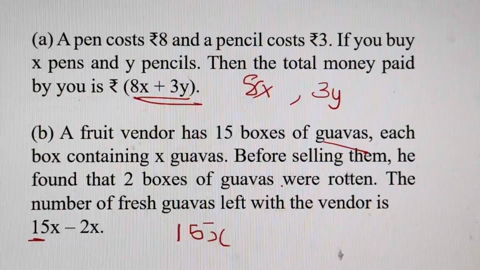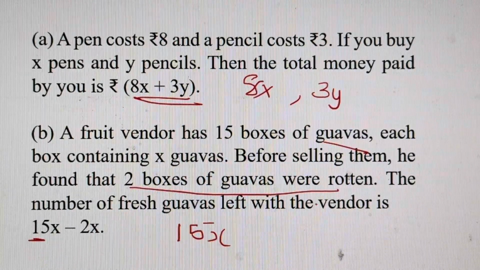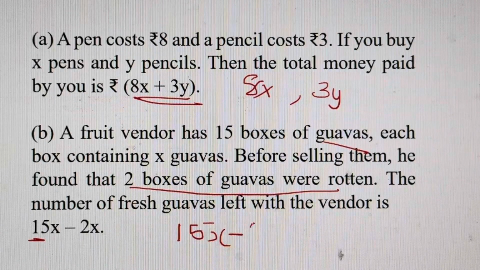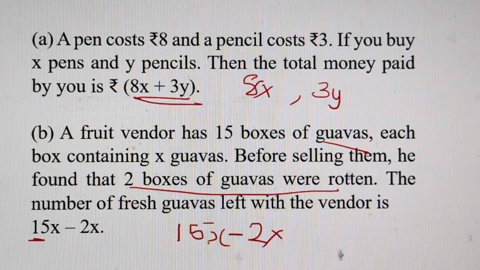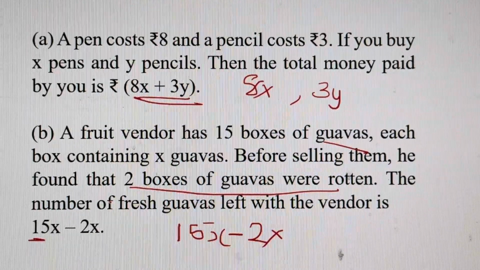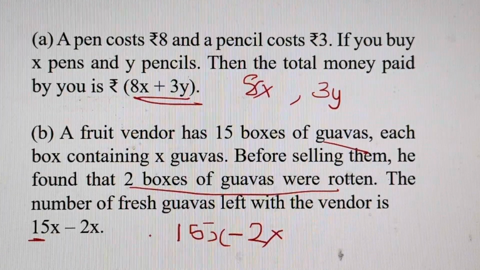Now before selling them, he found that 2 boxes of guavas were rotten. So that has to be removed. So 2 boxes of guavas means 2x which are to be removed. So we subtract it. So the number of fresh guavas left with the vendor will be 15x minus 2x. Right? So this is question number 10, A and B, both the answers.